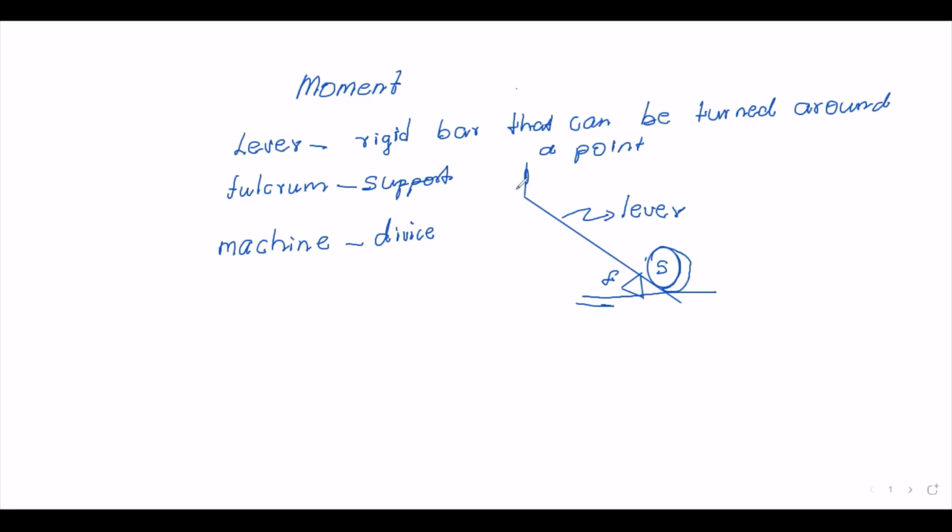Now, if I apply a force here, this stone here will move. So I will experience a motion at that other point. So basically, a lever is the simplest form of a machine.